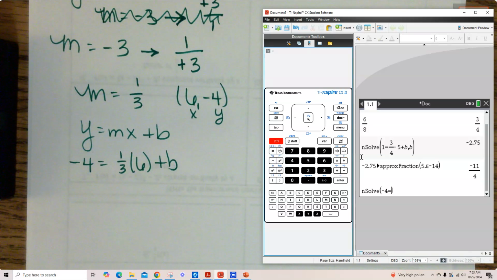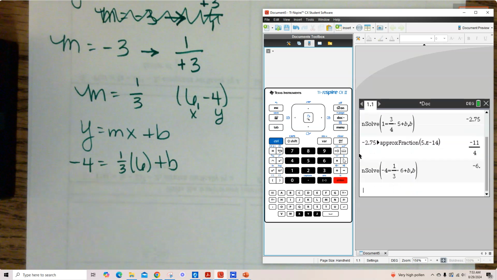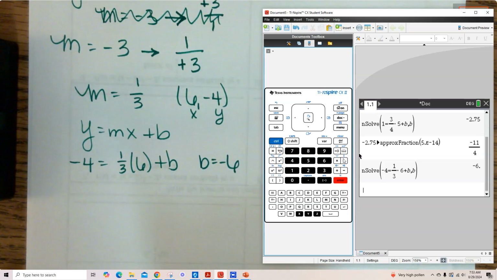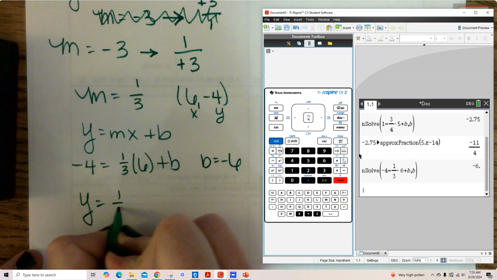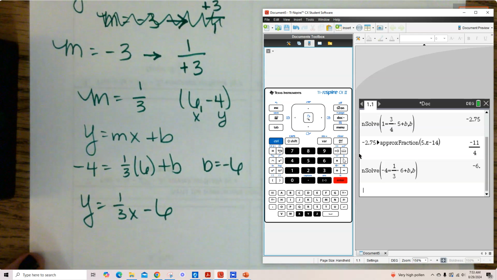Oh, try that again. 1/3 times 6, plus b, comma b. So my b value is a -6. So my perpendicular line, slope is 1/3, y-intercept is -6.